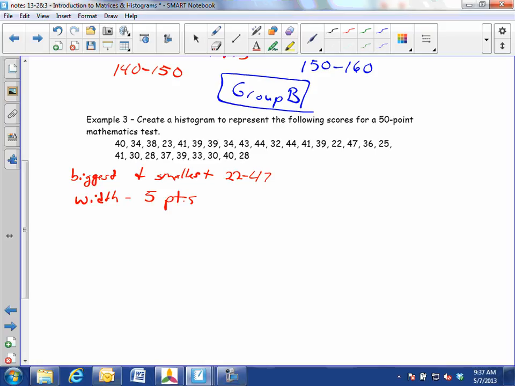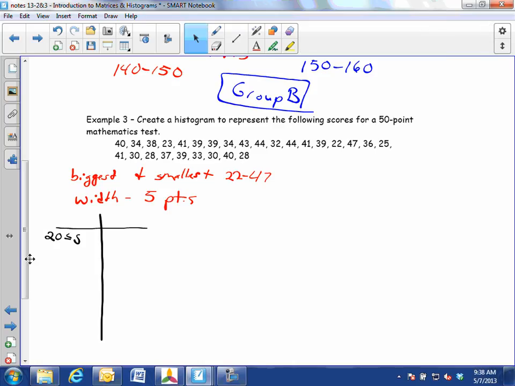All right, so then we need to make a table real quick. Our smallest is 22, so we're going to round down to 20. So from 20, I'm going to put S for score. We're only going to go 5 points, so our next will be 25.